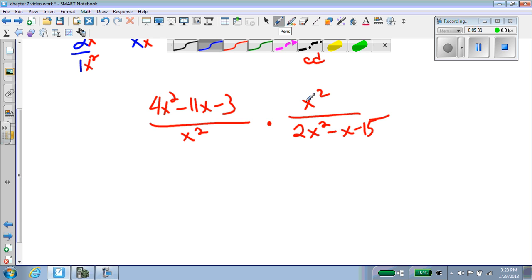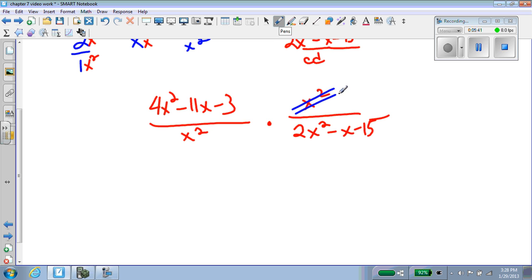Okay, monomial, right? Monomial. Goodbye to you. I wonder if factoring this will get me some canceling. Let's see, negative 12 to make negative 11. Yeah. Okay, so 4x squared minus 12x plus x minus 3, right?